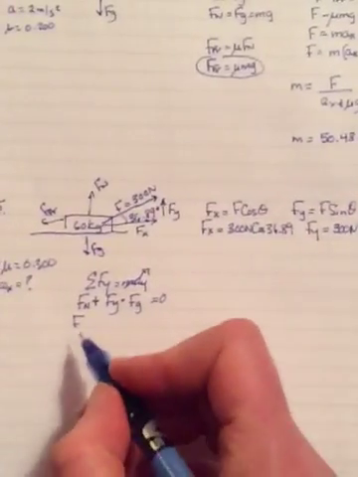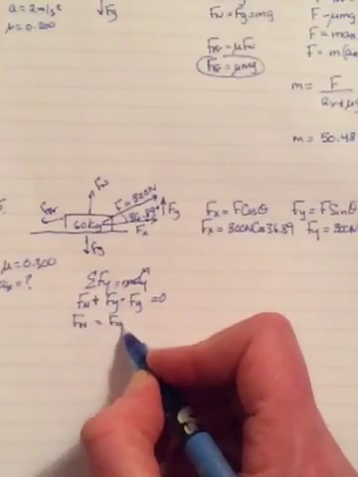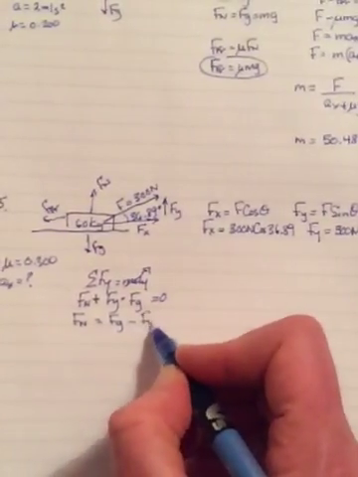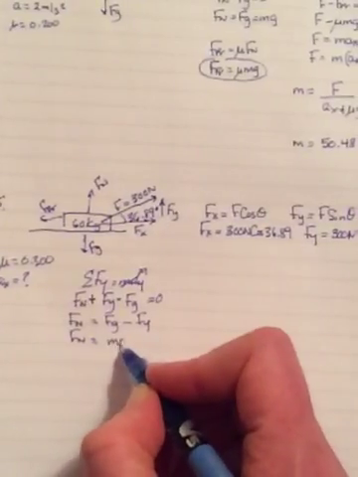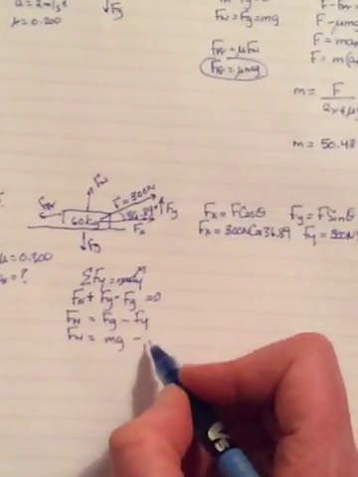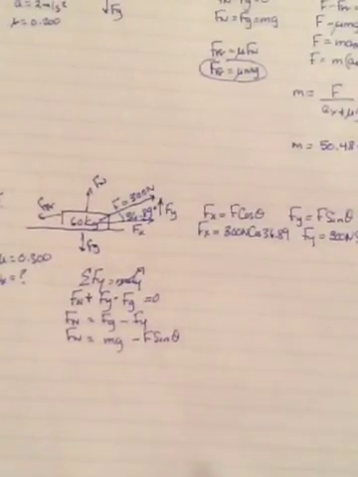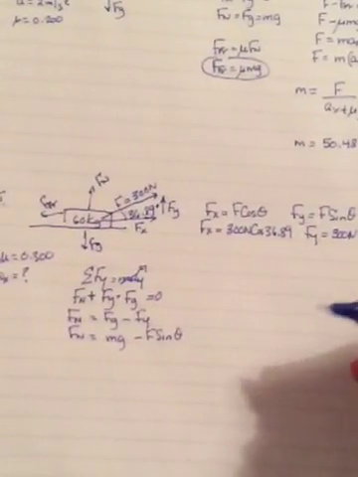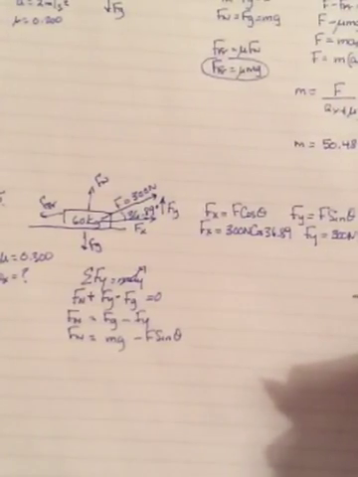So Fn is equal to Fg becomes positive, Fy becomes negative. So Fn will be equal to mg minus F sine theta, and you can fill your values in. Okay, then you would go to friction and solve for that, and then sum of the forces in the x direction.